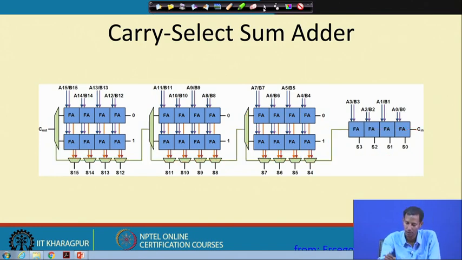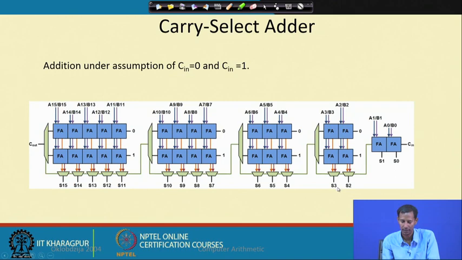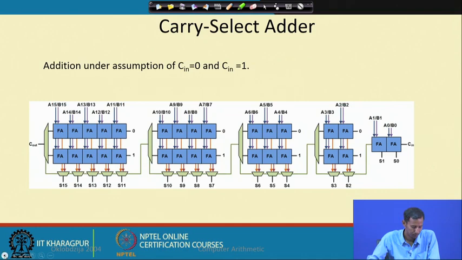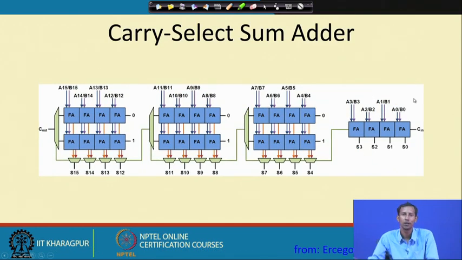If I go to the next slide, the same thing here: in the previous slide we considered groups of 4.